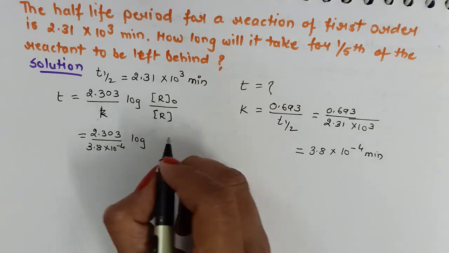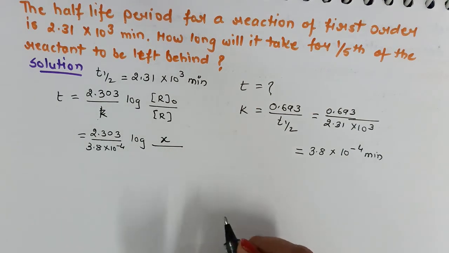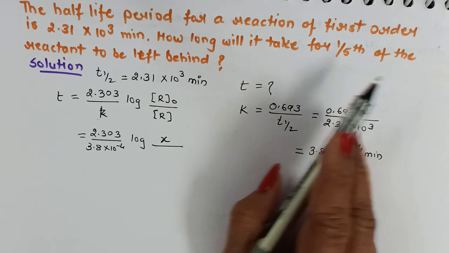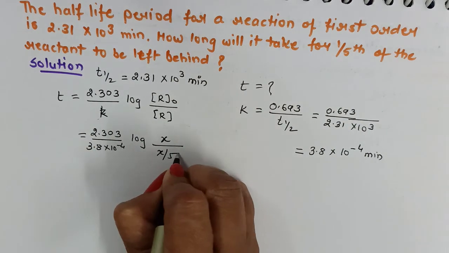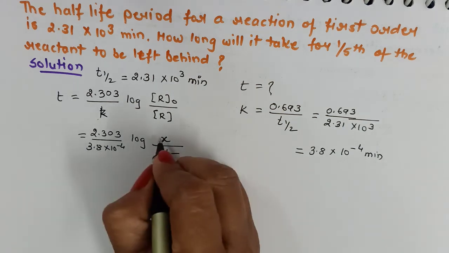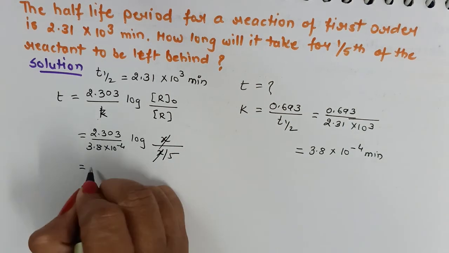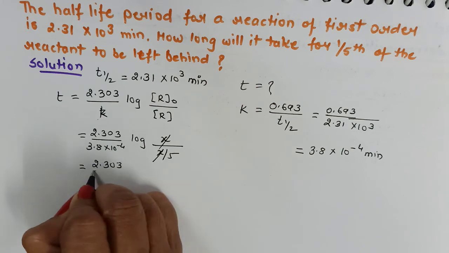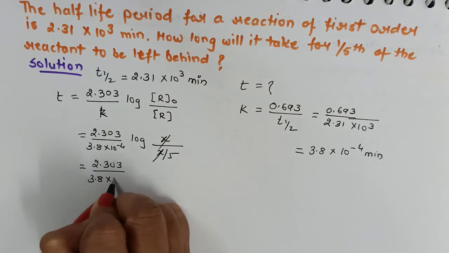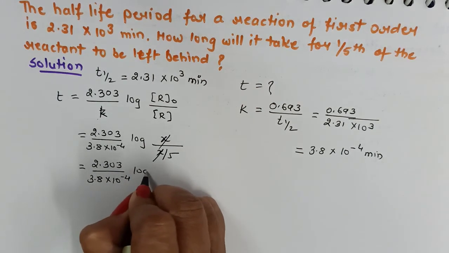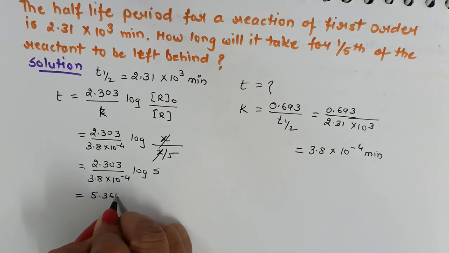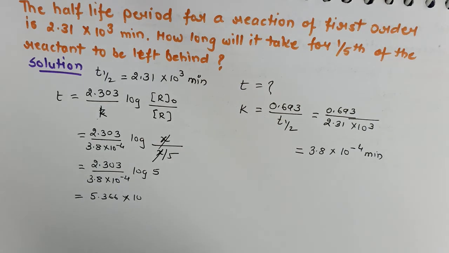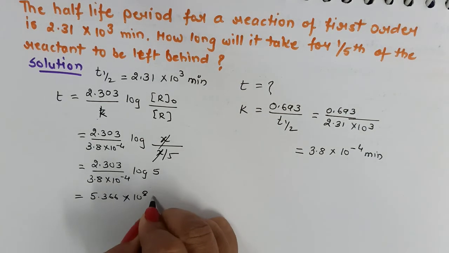So we'll consider it as X, and it is asking for 1/5 of the reactant to be left behind. So what is left behind is X by 5. X gets cancelled. So this is 2.303 upon 3.8 into 10 to power minus 4 log 5. We'll solve and we'll get the answer 5.366 into 10 to power 8 minutes.